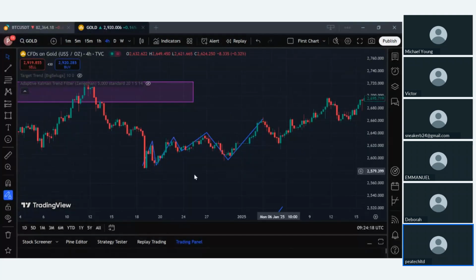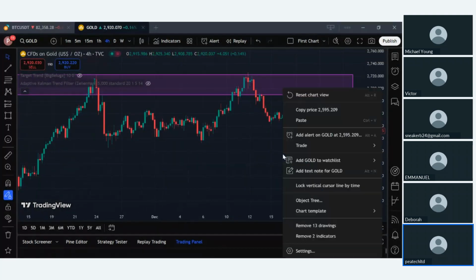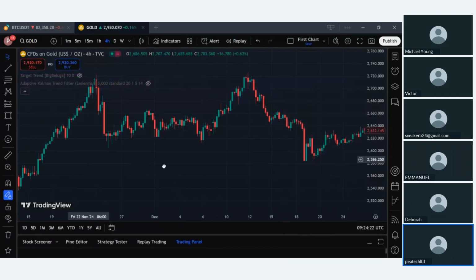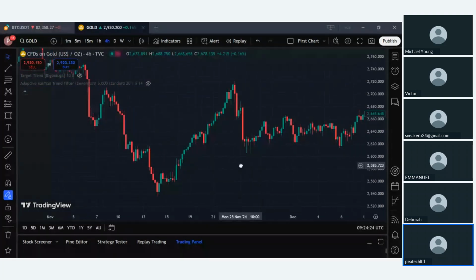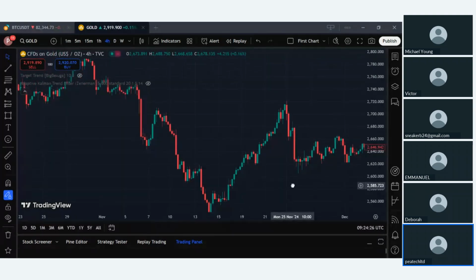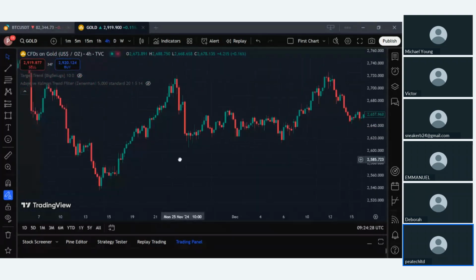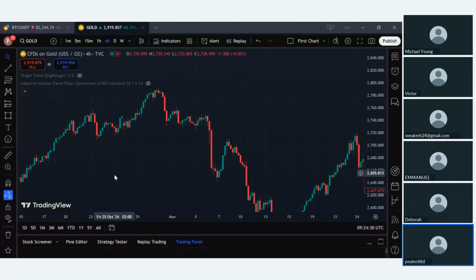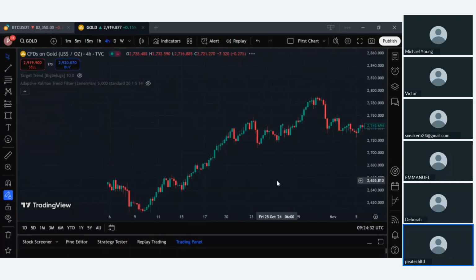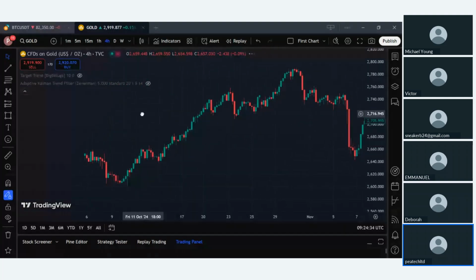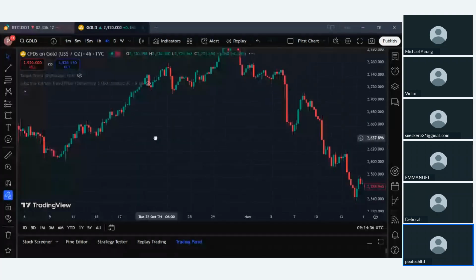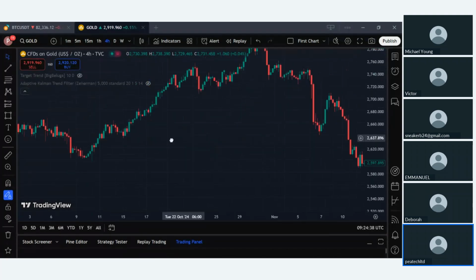So let's look for a green candle that caused such an impulsive move as well. Let's scan the market and look for one. We haven't seen any yet, so let's see.